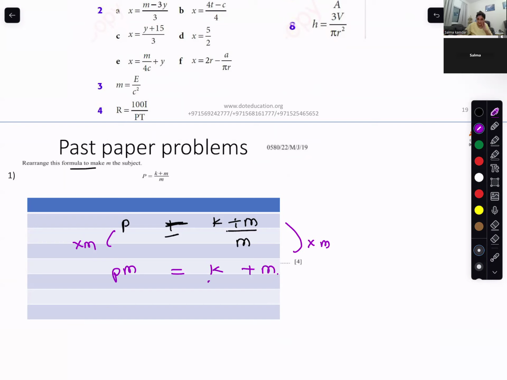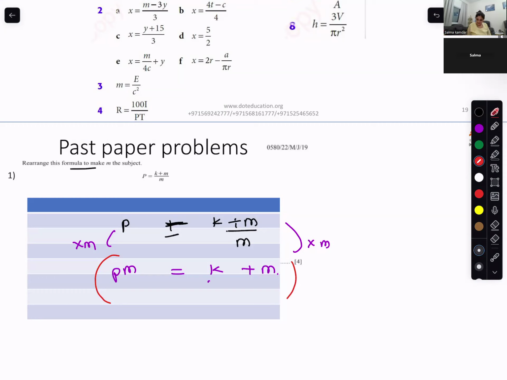Now I don't need this K over here. I want M to be separated. So what will I do? I don't want M. So what I can do is think. Should I minus the M from both the places?